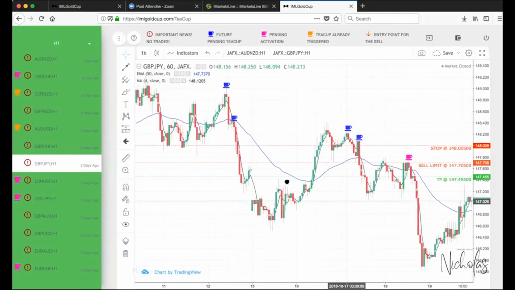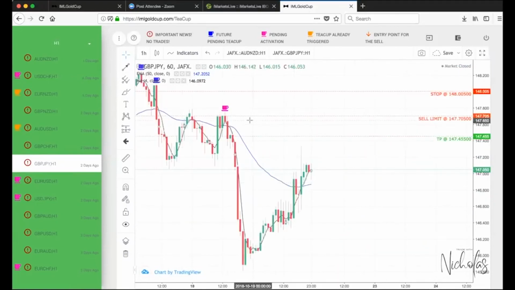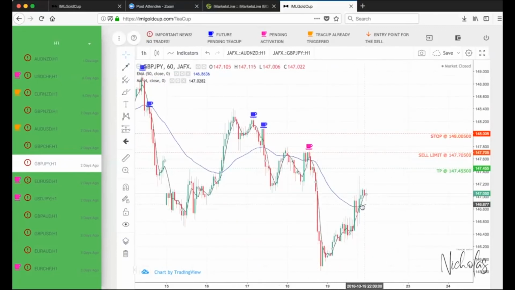Moving on, GBP JPY. Do you guys think this is a good or bad trade to take? Yes or no? Who would get in GBP JPY? If you like this teacup, would you take it?